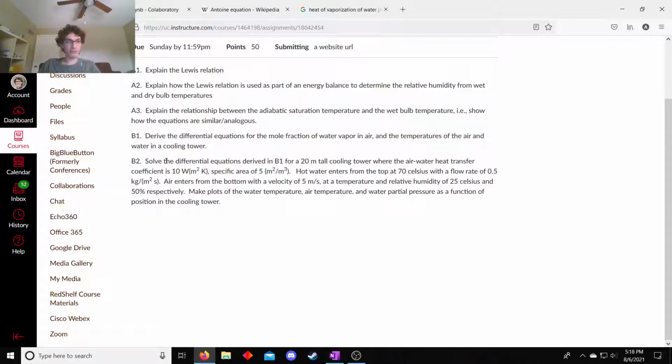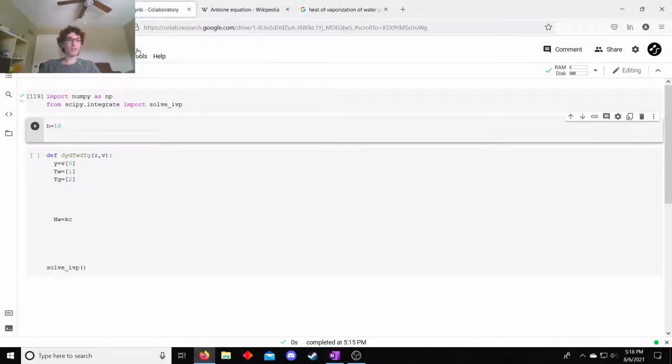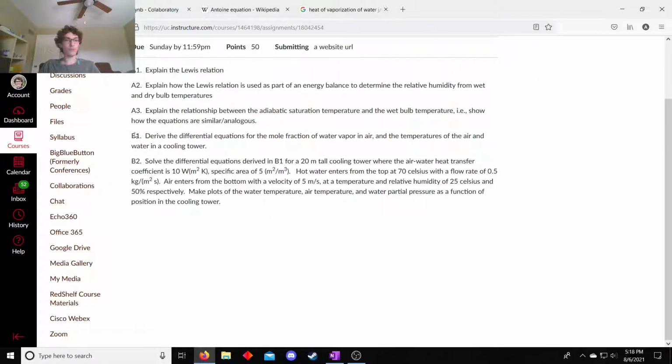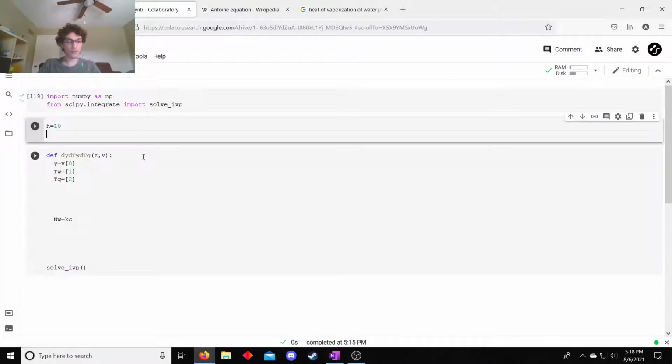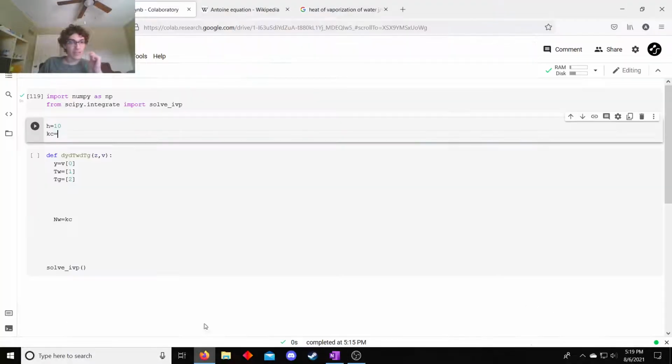Actually, given to us is that the heat transfer coefficient is 10. So we'll say H equals 10. Now, in order to get Kc, Kc would be equal to H divided by the volumetric heat capacity, which is the density of the gas multiplied by the heat capacity of the gas.